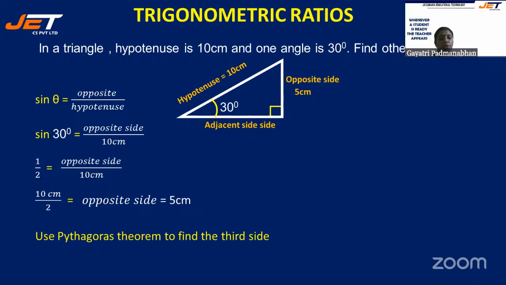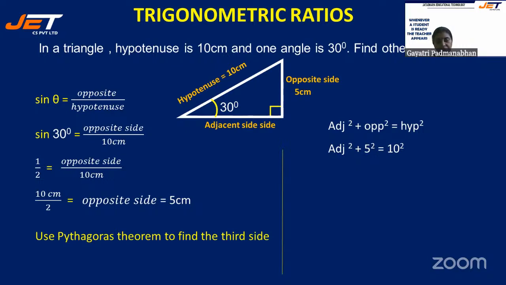Now we can use the Pythagoras theorem to find the third side. In the Pythagoras theorem, adjacent side squared plus opposite side squared is the hypotenuse squared. Opposite side is 5, which we just found out.